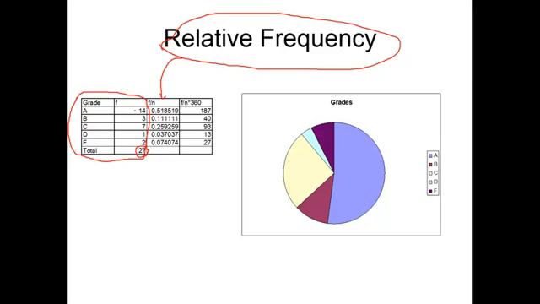So 14 people made A's, so 14 out of 27, that was 0.5185, about 52% of the class. We had 3 out of 27 make B's, that was about 11% of the class, 0.11, and so forth. In this manner, I just divide each class frequency by the total.